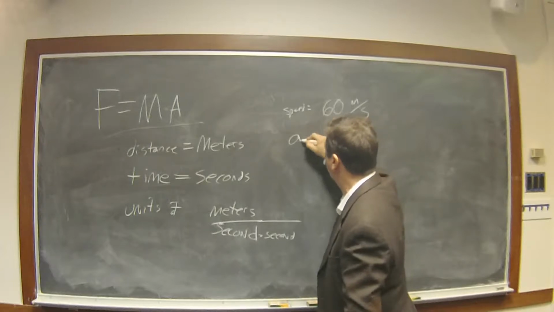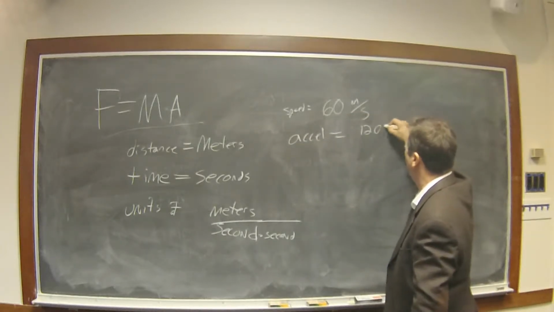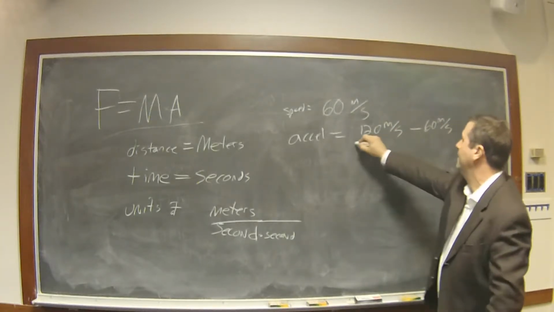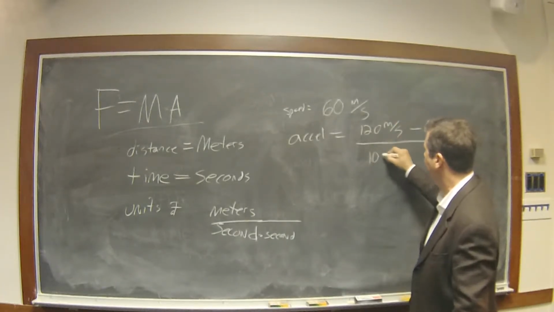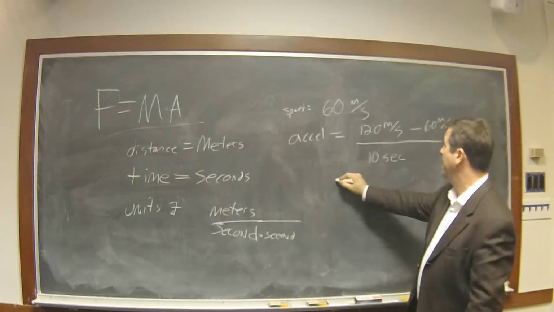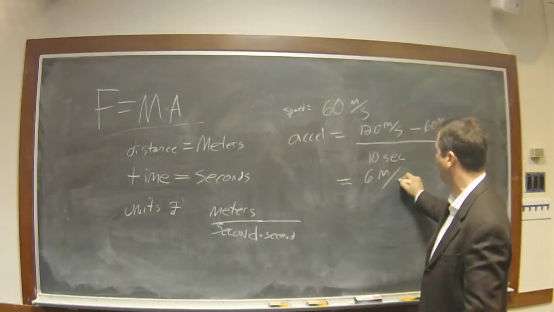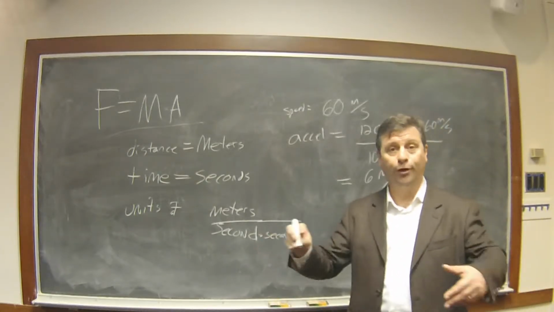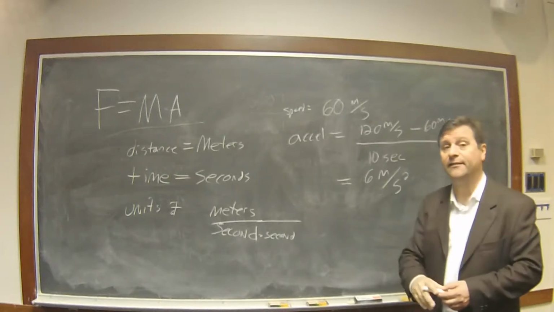So the acceleration would be 120 meters per second minus 60 meters per second, divided by 10 seconds. So then we end up with 6 meters per second squared, because the seconds go on the bottom, and that's how the algebra works.